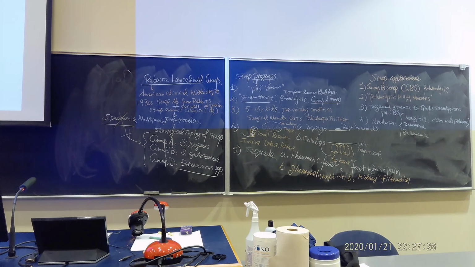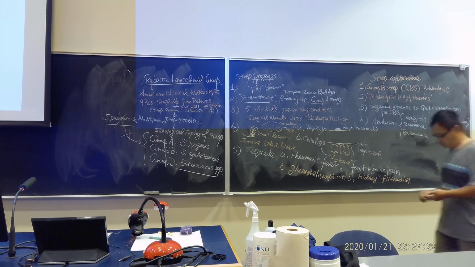Now, the same question. You have Streptococcus pyogenes. If you do a Gram stain, it looks very similar: Gram positive cocci in chains. This is what I want to mention. Streptococcus agalactiae looks very similar, and also beta hemolytic. So what are we going to do?